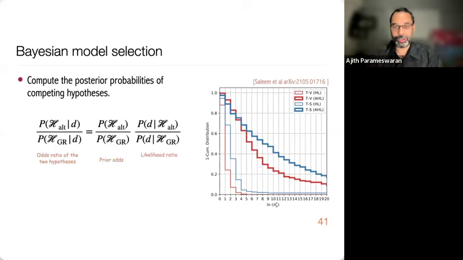It shows a distribution of the Bayes factors when the data is actually purely GR. How well can you rule out this alternative theory, or how large is the likelihood ratio? The details are not important, but it shows an illustration of how one could do Bayesian model selection.